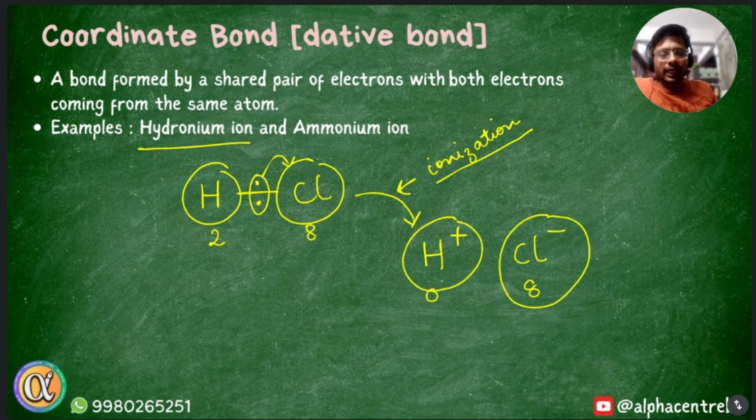But then there was actually a different part of the story. It's not that chlorine was able to pull electron from hydrogen just because of its strength, but hydrogen also had some other hidden motives. There was another side to this story. As soon as this H plus got separated from chlorine atom, this hydrogen never stayed alone.